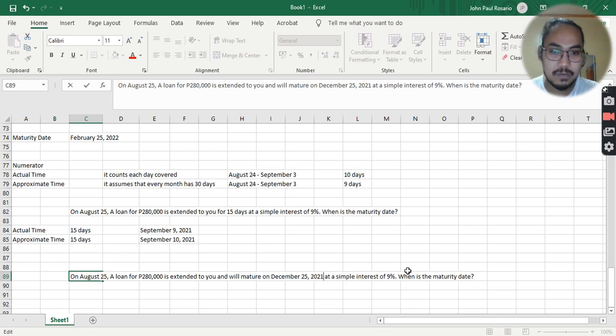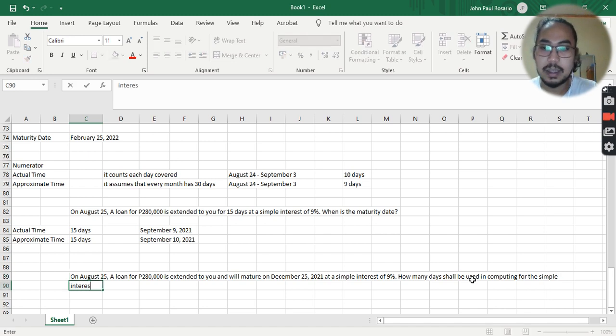At a simple interest of 9%, how many days shall be used in computing the simple interest using A, actual time, or B, approximate time?